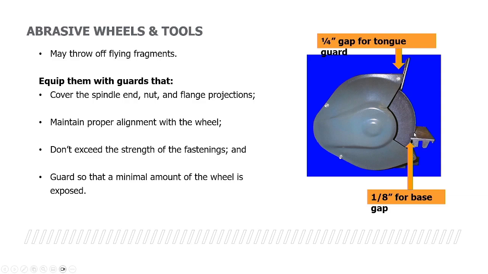This portion right here should have about 1/8 of an inch of a gap. Now here's what you want to keep in mind. As you use one of these grinders or abrasive wheels, they're going to start to become smaller. When they do, you need to go back and readjust the base gap and also the tongue guard for that particular size of abrasive wheel.